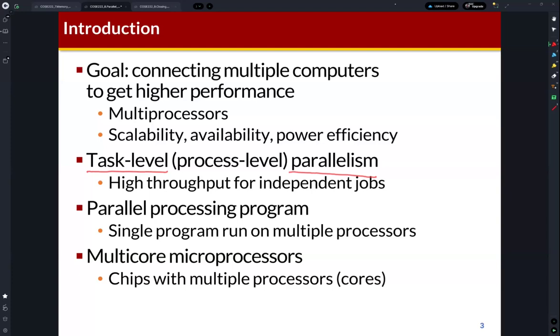Also, in order to utilize our parallel computer systems, we need to also use parallel programs. What does that mean? Think about matrix multiplication. When we write a matrix multiplication code, we can just generate a single binary, right?